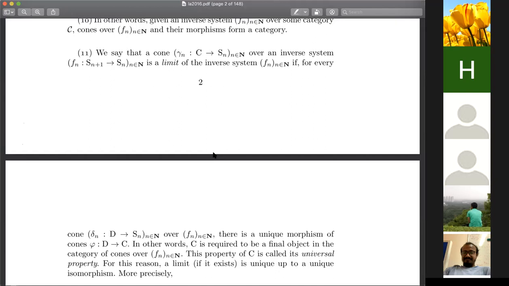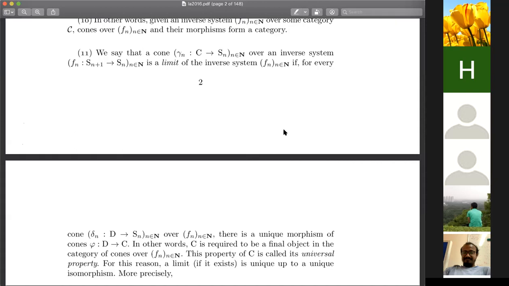If this category of cones has a final object, then it's called the limit of that inverse system. It's a fairly simple notion, right? You have the category of cones over your inverse system and any final object. Now, it may happen that some of you do not know what a final object in a category is. So let me recall what it is.